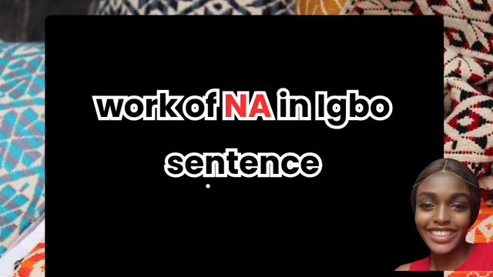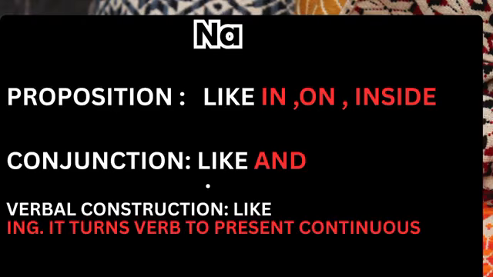Okay, in this episode, you're going to be learning the work of na in Igbo sentence. How to use na as a conjunction, as a preposition, as a verbal construction in Igbo sentence. Na has three jobs when it comes to sentence making in Igbo.